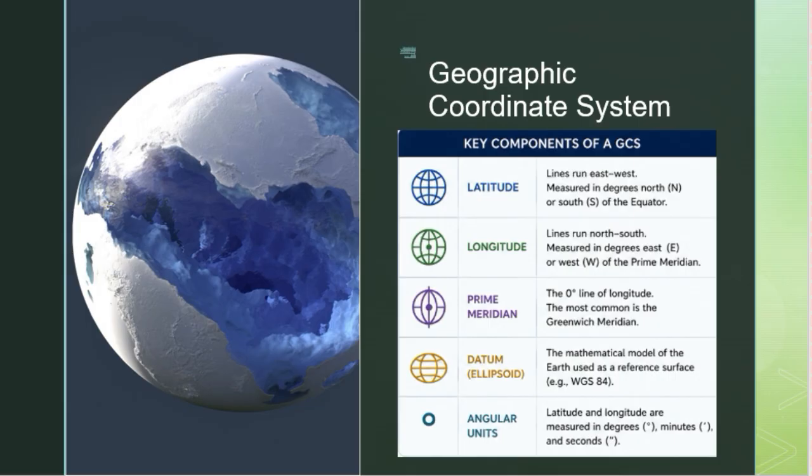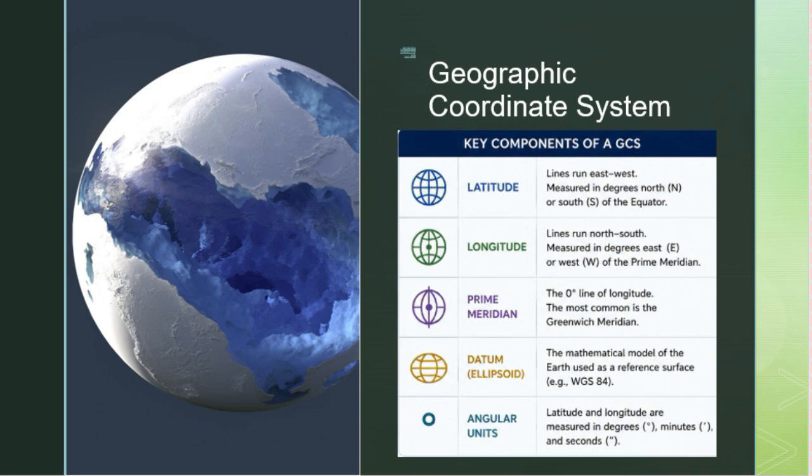Now that we have a mathematical model of the Earth's shape, the ellipsoid, we need a way to describe locations on it. That's where a geographic coordinate system comes into play, otherwise known as a GCS. So from here on out, we'll call that a GCS, but that is one of the two types of coordinate systems. And so key components of a GCS include latitude, longitude, prime meridian, datum, which is the ellipsoid.